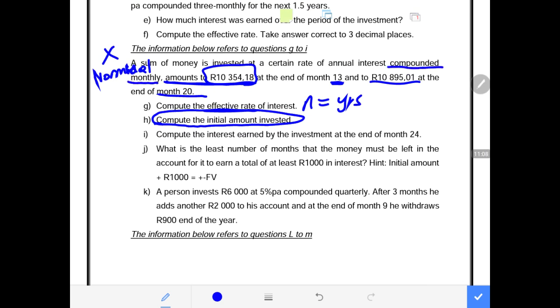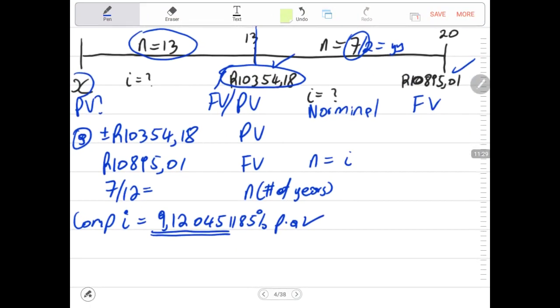This is the rate that we're looking for, the one that was used to calculate 10,354 and the one that was used to calculate 10,895. That is the nominal rate, the rate that is compounded monthly, 2 monthly, 3 monthly, 4 monthly, or 6 monthly. So that's the rate that we are looking for.